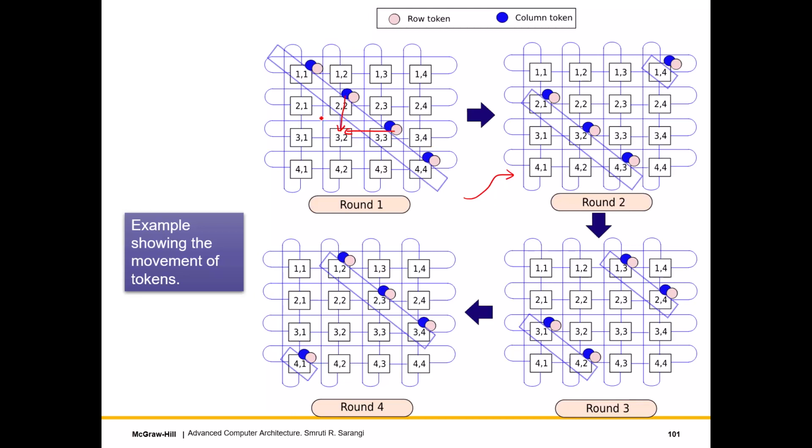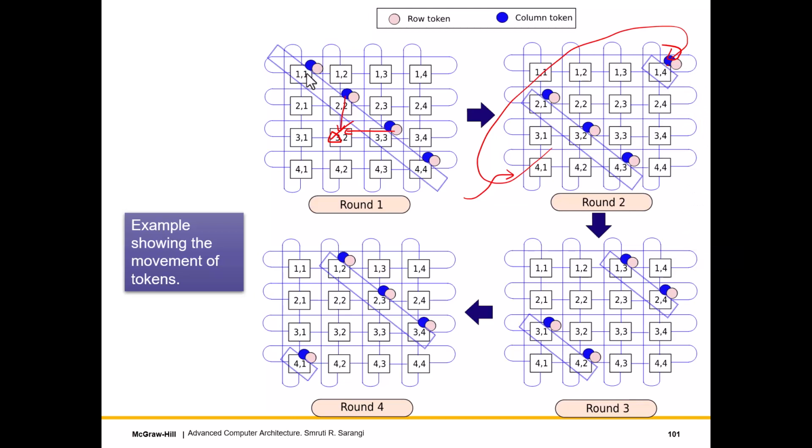So basically at every point, the row and column tokens collide and they form a pair. You can visualize it like this wavefront propagating in this direction. So you have a smaller wavefront here, and the wavefront again shows up over here. So you will again have this situation here.